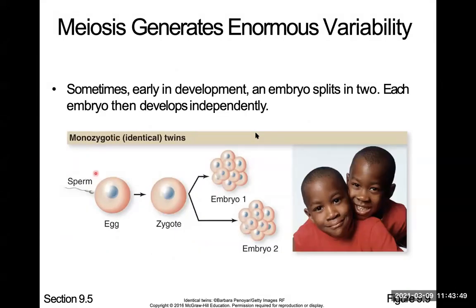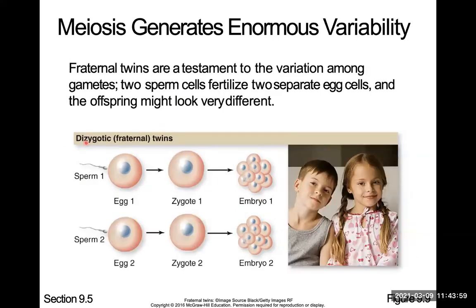So this we already talked about, monozygotic or identical twins. Zygote splits in two in early development, and then you have identical twins. But then we also have dizygotic. Di means two, zygotic means zygote. You have two zygotes.